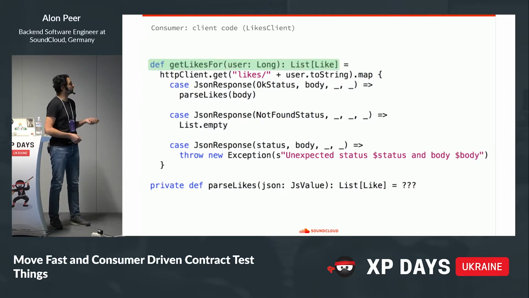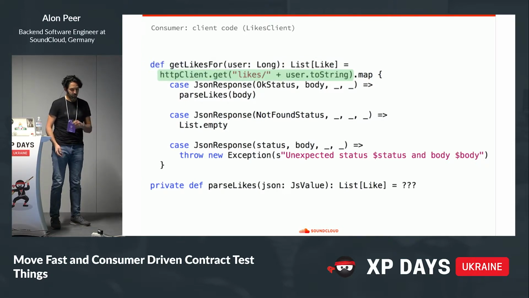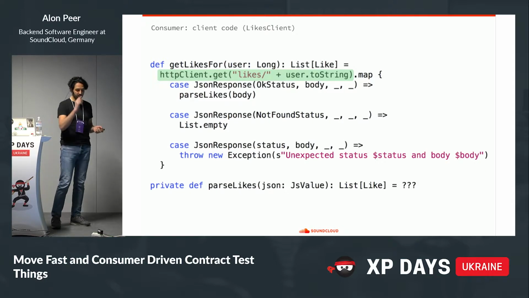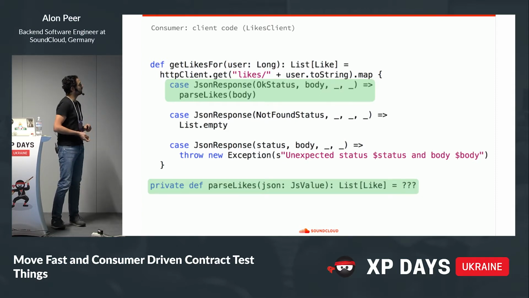It gets a user ID, and it returns a list of likes. It uses some HTTP client to make a GET request to likes/user ID, and then it looks at the response. If the response has an OK status 200, it'll take that body of the response, the payload, and parse it. For this example, we don't really care about the implementation, but basically it'll take that JSON payload and parse it into a list of likes.